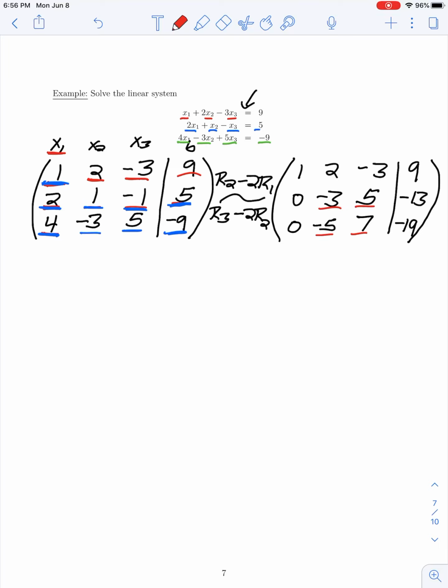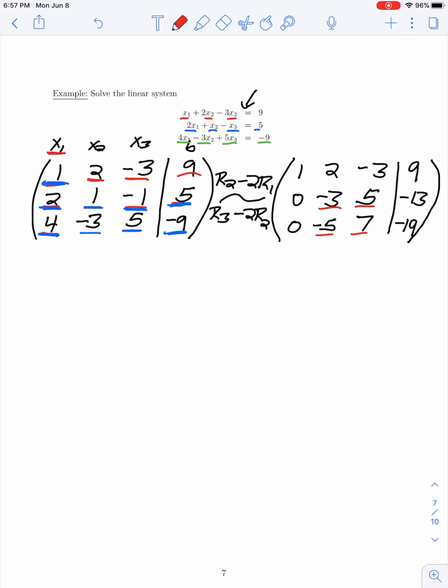So we could introduce fractions here, maybe take my second row, multiply by a negative 5/3 to get a positive 5, and then add it to the third row. But typically we try to avoid fractions when possible. So another way that I could proceed here would be to just simplify the coefficient of x2 in that last equation a little bit.